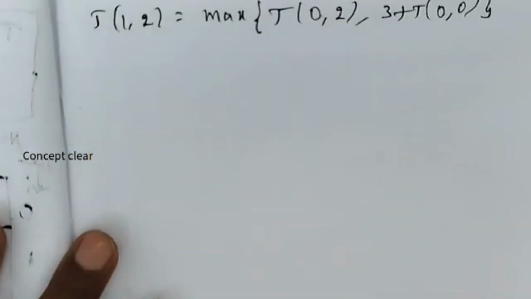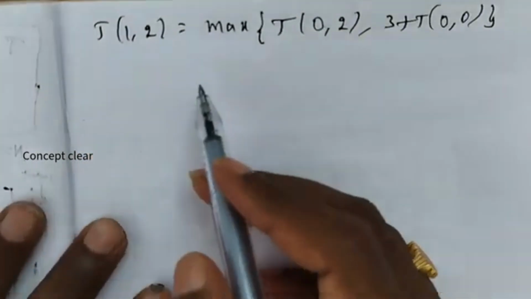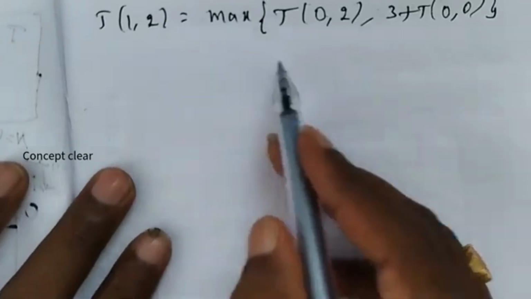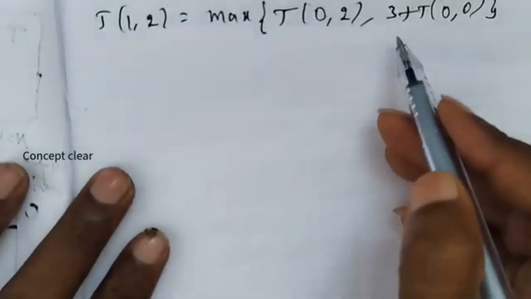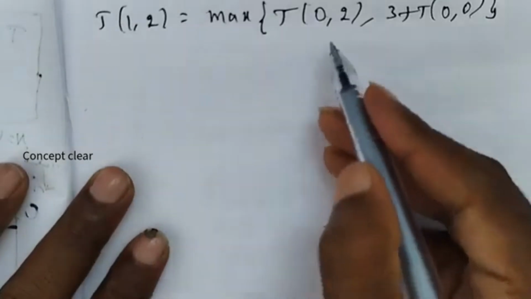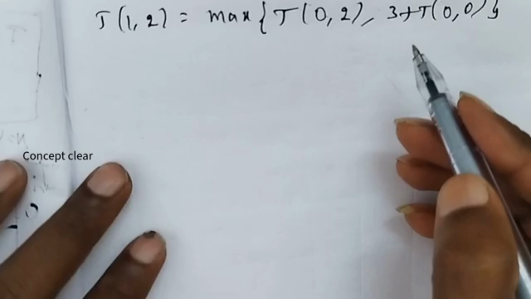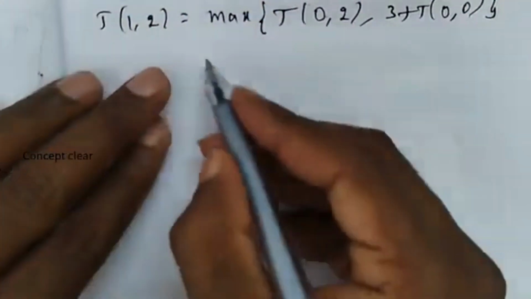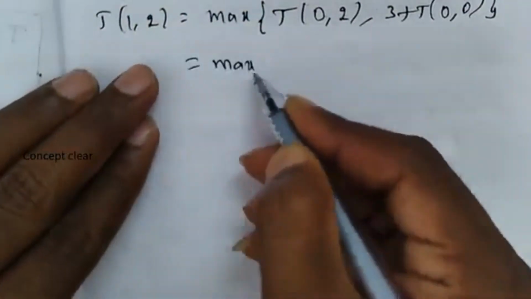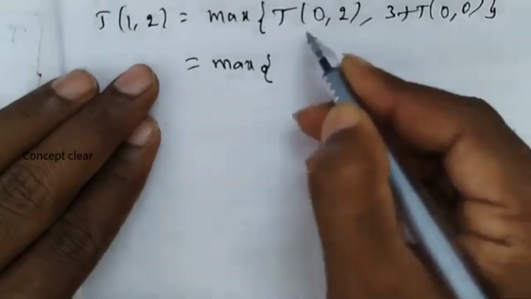Now we implement these values in the formula. T of 1 comma 2 equals max of T of 0 comma 2 comma 3 plus T of 0 comma 0.